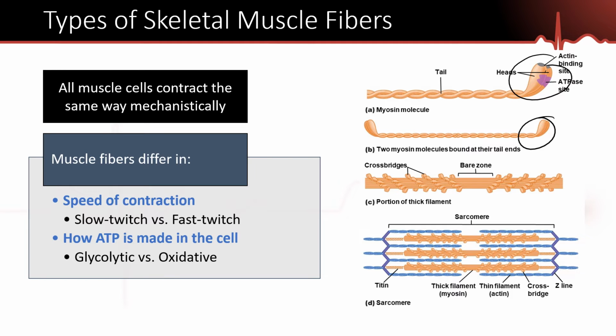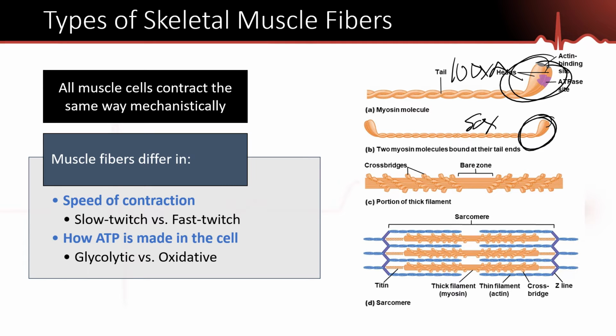So let's say that this is a myosin head, a couple of myosin heads that exist within a fast twitch muscle fiber, and let's say that these are the myosin heads that exist within a slow twitch muscle fiber. The myosin heads within this fast twitch muscle fiber can cycle 100 times over the course of a second. And the myosin heads within this slow twitch muscle fiber can cycle 50 times over the course of a second.